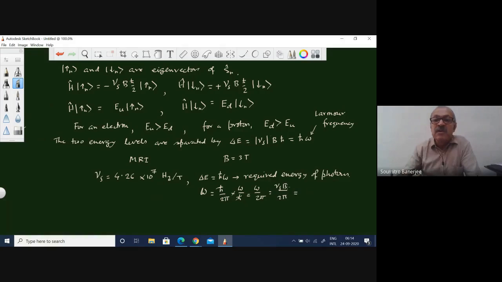If you just calculate using this gamma and this B, you can easily calculate that. It comes to 2.03 into 10 to the power 7 hertz, which is in the radio frequency range.